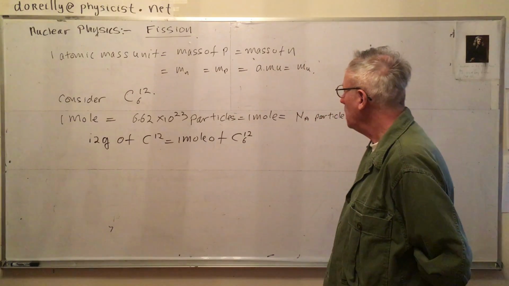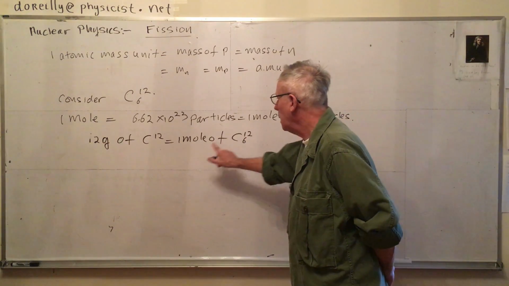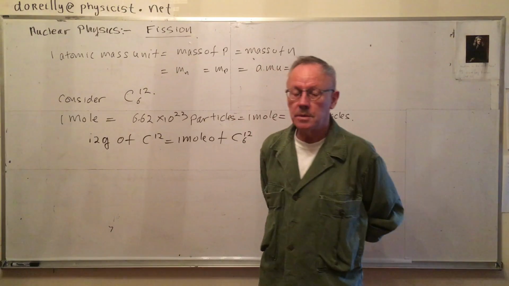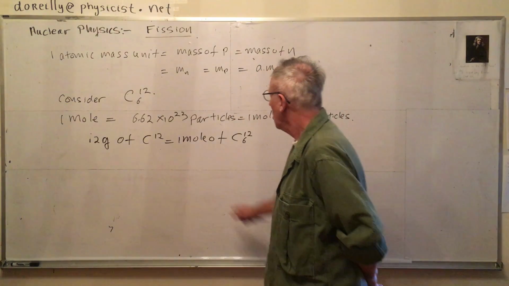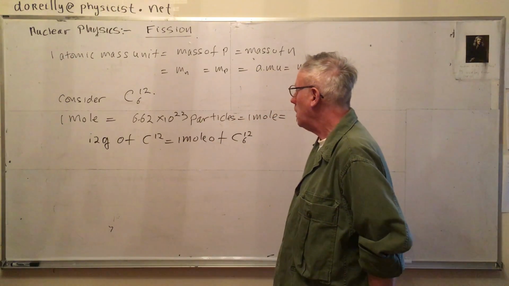So a mole of carbon atoms is 12 grams of carbon atoms. How many atoms in that? 6.02 by 10 to the power of 23.